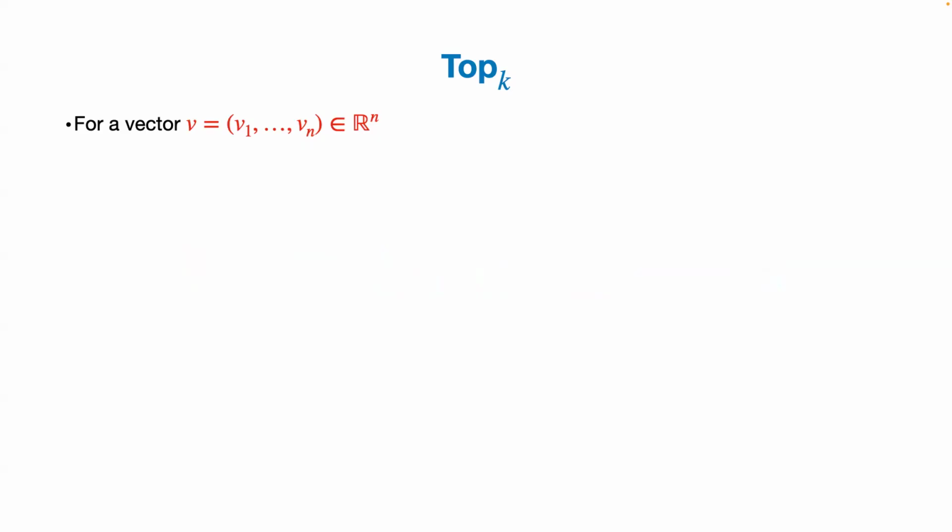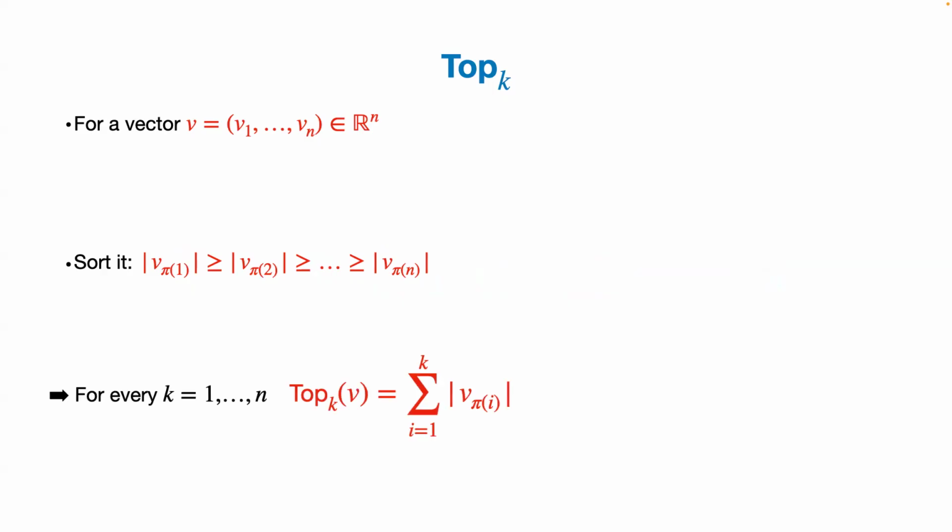For any K from 1 to n, if we have a vector V, which is n-dimensional, to calculate this top K norm, we just sort it based on absolute values and simply take the top K of them, and add them up. For example, the top 1 norm of any vector is the maximum absolute value, and the top n norm is exactly L1 because it's the sum of all of the absolute values.